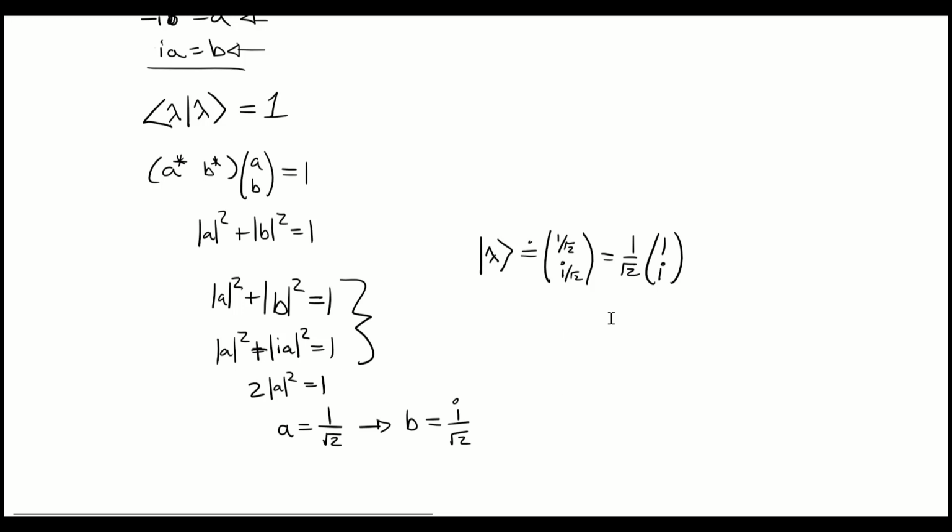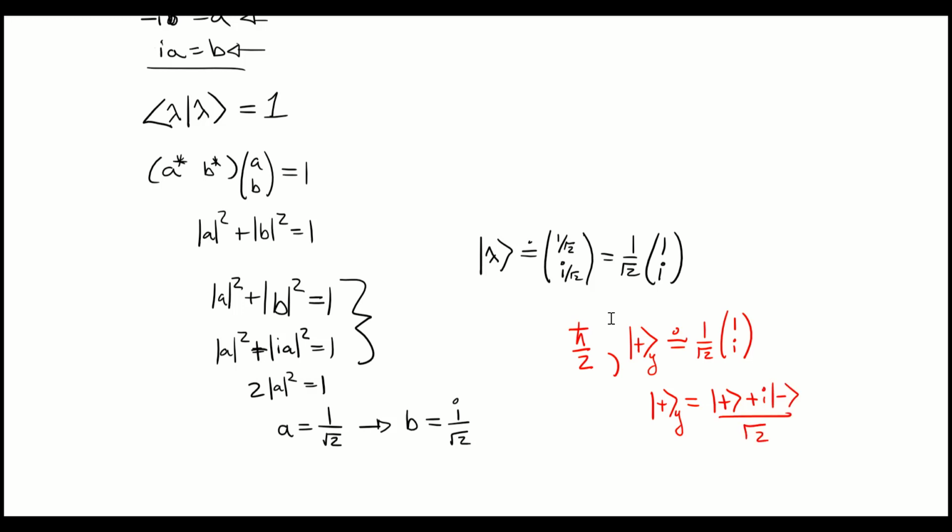What we've essentially just shown is that for the h bar over 2 eigenvalue, the corresponding eigenket, which we previously labeled the spin up in the y direction, can be represented as 1 over root 2 times (1, i). Or if we write that eigenket in the z basis in ket notation, this ends up being plus plus i minus, all over root 2.